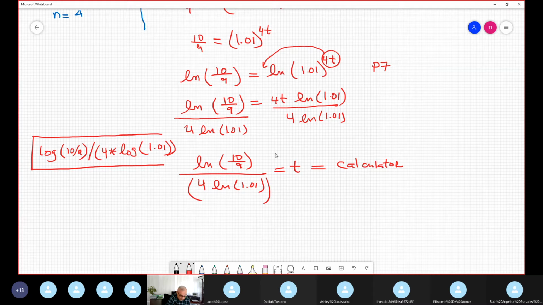Let me try my calculator. Everyone working with the calculator now. LOG or LN, it doesn't matter. 10 over 9. Close the parentheses, division. Open the parentheses, enclose everything in the bottom. 4 times multiplication. Now press logarithm again, 1.01, and close two parentheses. Press enter.